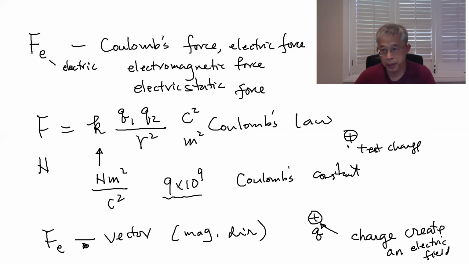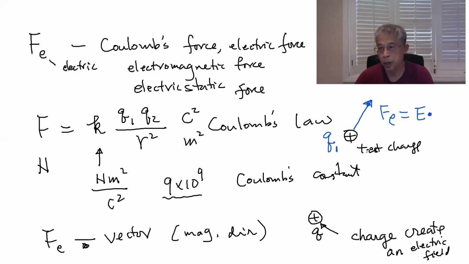In this case, the electric force on this one, this is my system, is going this way. That's my F_E due to this one here. This F_E is equal to E, which we'll talk about later, the electric field, times this charge here.